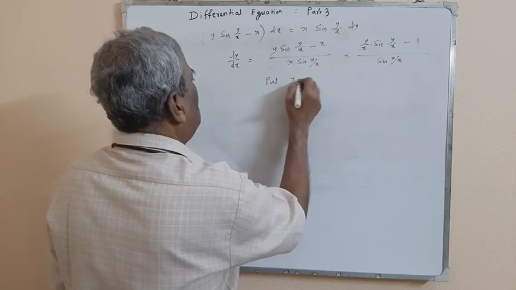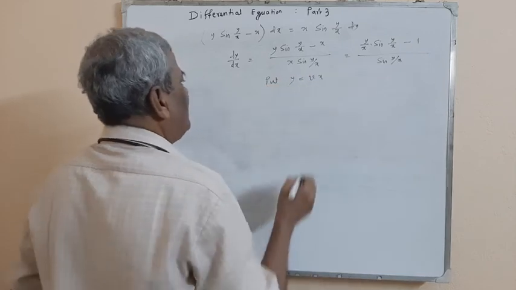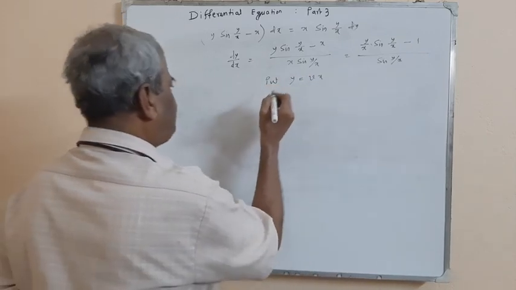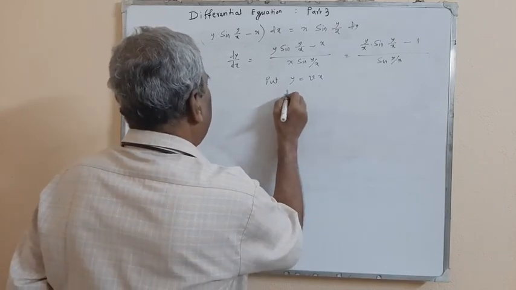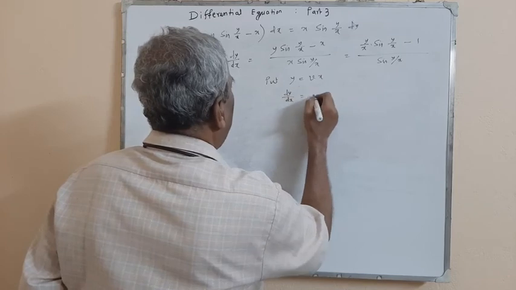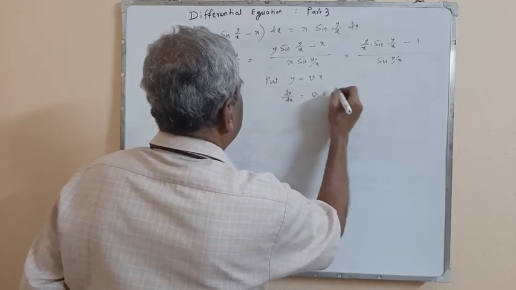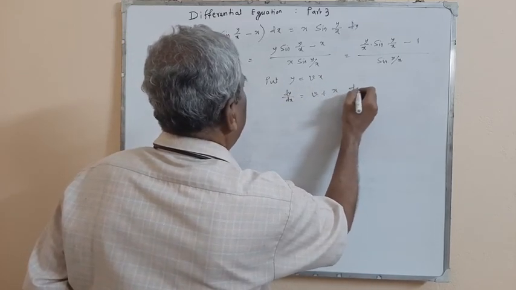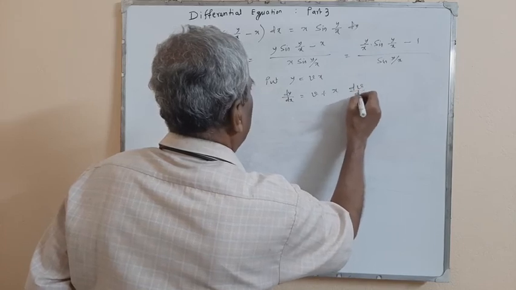Now put y is equal to vx, so that dy by dx is equal to v plus x dv by dx.